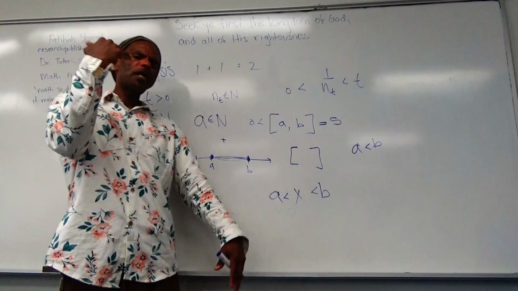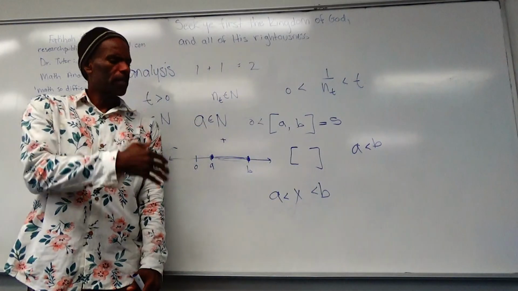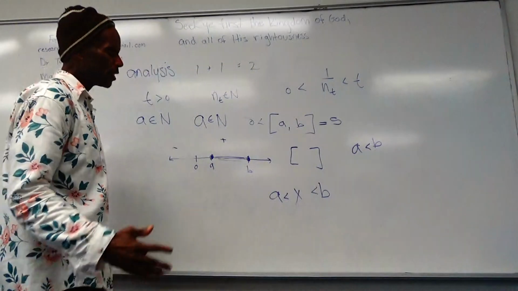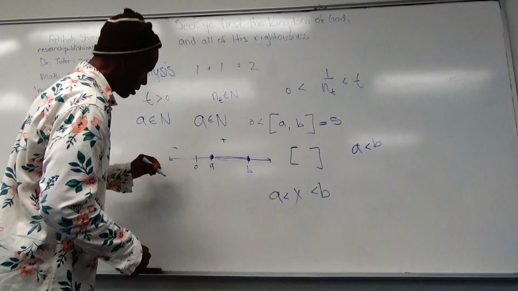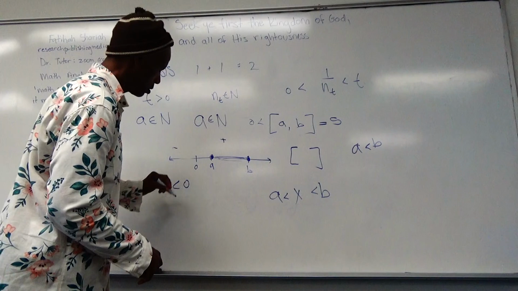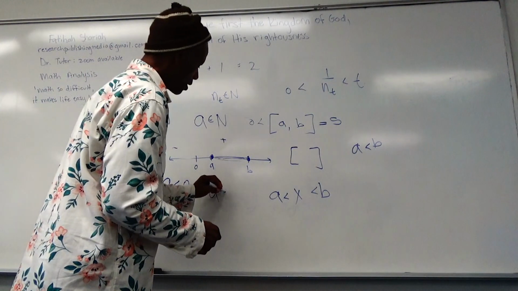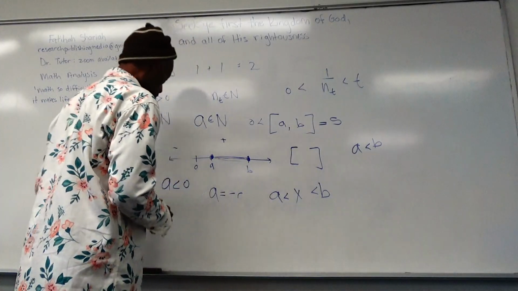So I'm going to take a number, we call it A, and put that number A into the natural number set. And then I say, well, look, A is less than 0. Or A equals a negative number. How did I want to say that, right?